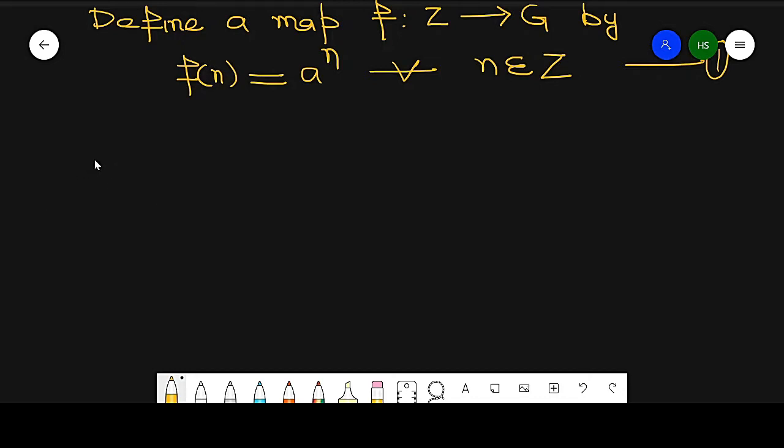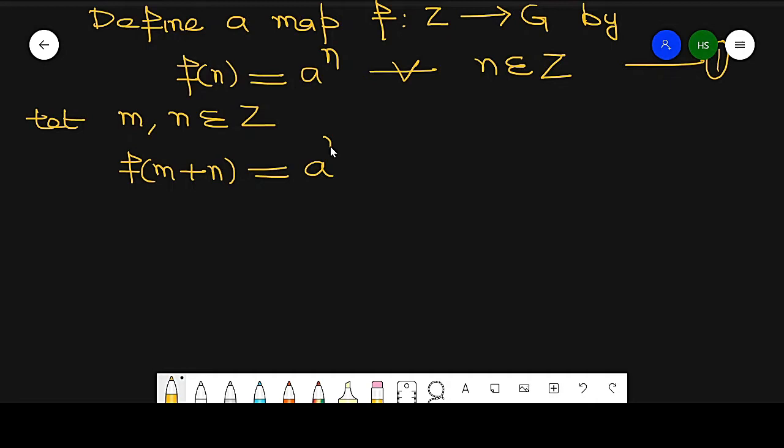To prove it is a homomorphism, I take m and n, two elements from Z. Now on the left hand side the binary composition is plus, so I use m plus n. So f of m plus n will become a raised to power m plus n, which can be written as a raised to power m into a raised to power n.